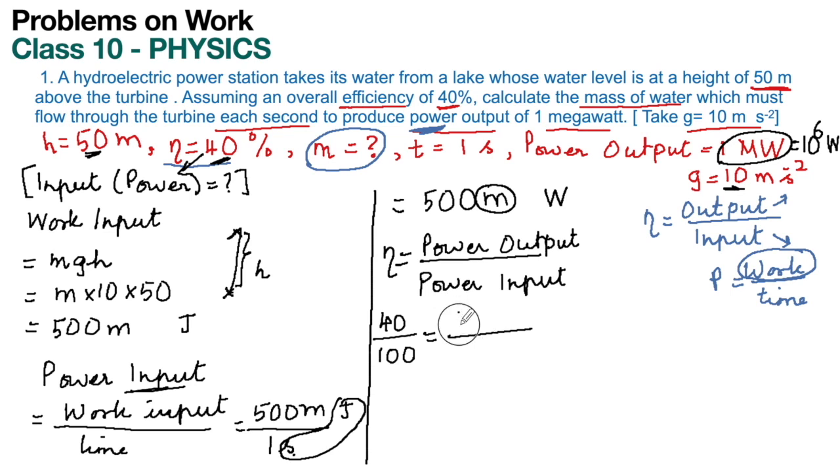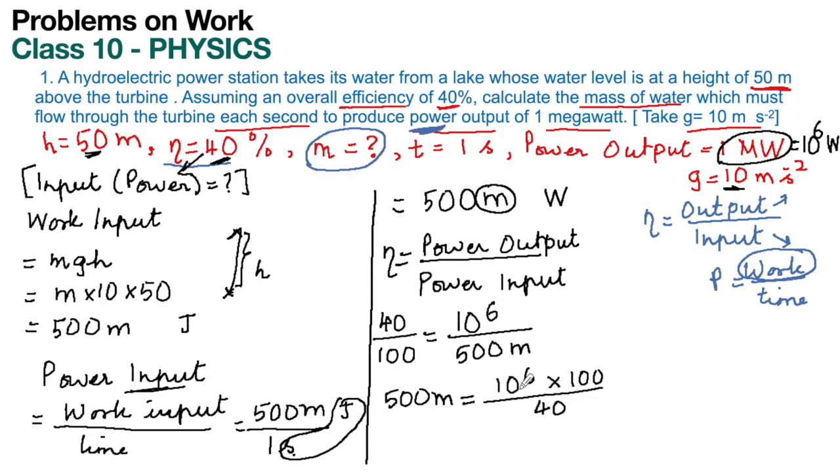So 10 to the power 6 watts divided by power input, which is 500 M. So we will write 500 M equal to 10 to the power 6 into 100 upon 40.